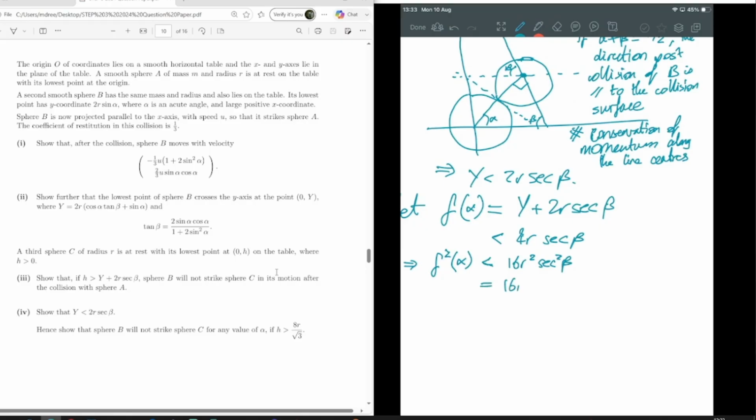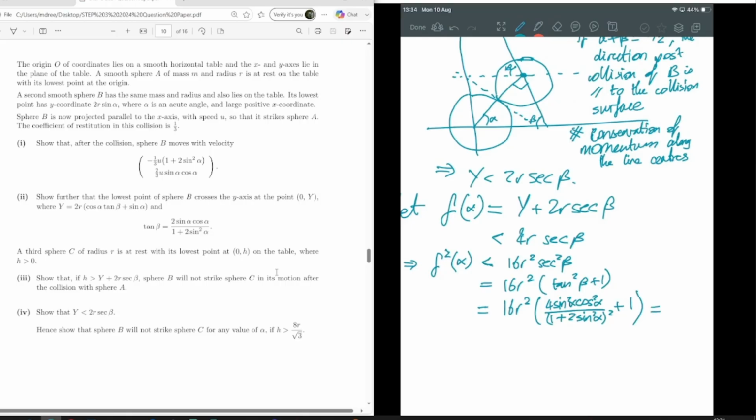And the reason I've done that is sec squared is tan squared plus 1, tan squared beta plus 1. And I know what tan beta is by part 2 of the question. So this is going to be 4 sine squared alpha cos squared alpha over 1 plus 2 sine squared alpha squared, plus 1.